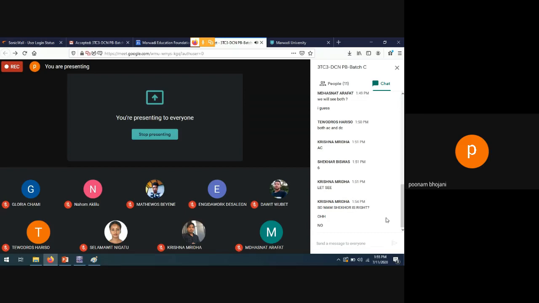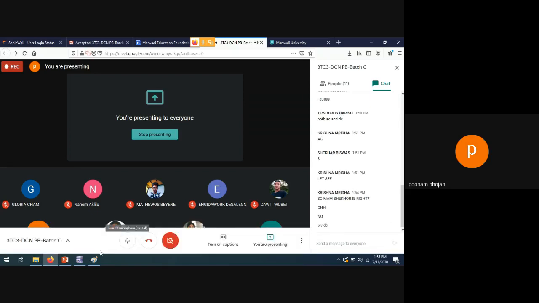So can anyone say, if I am adding these two voltages, AC plus DC, then what will happen? Multiplication we have seen. Now addition will give you what? Hello everyone. 5 volt DC.